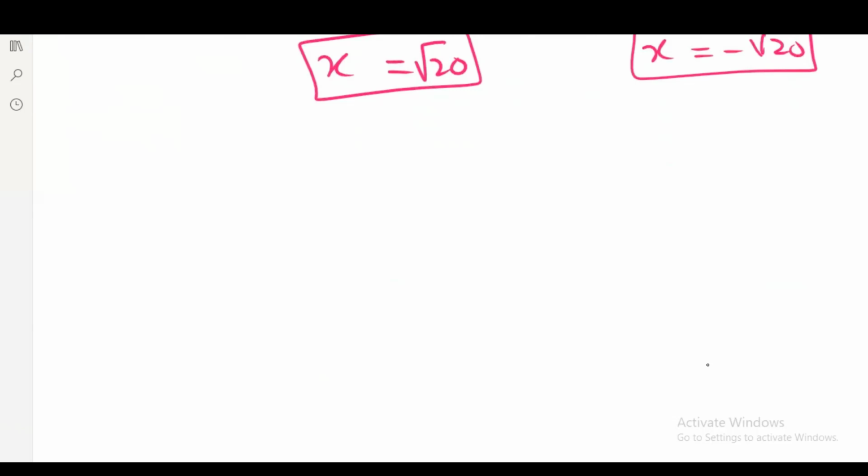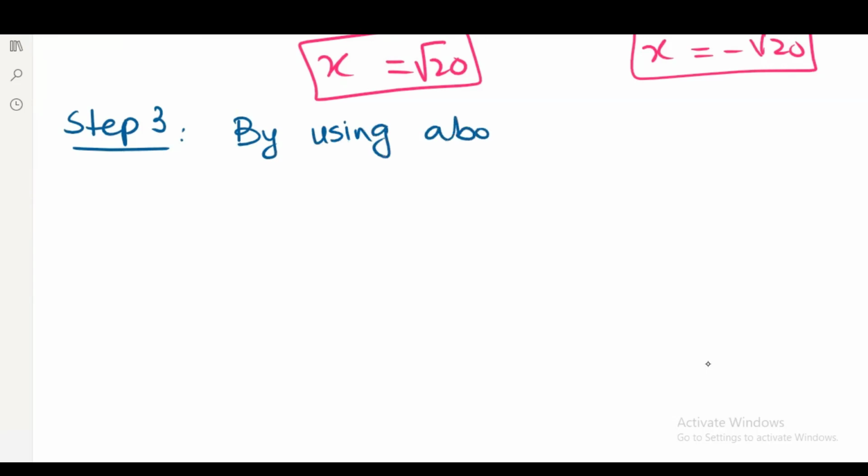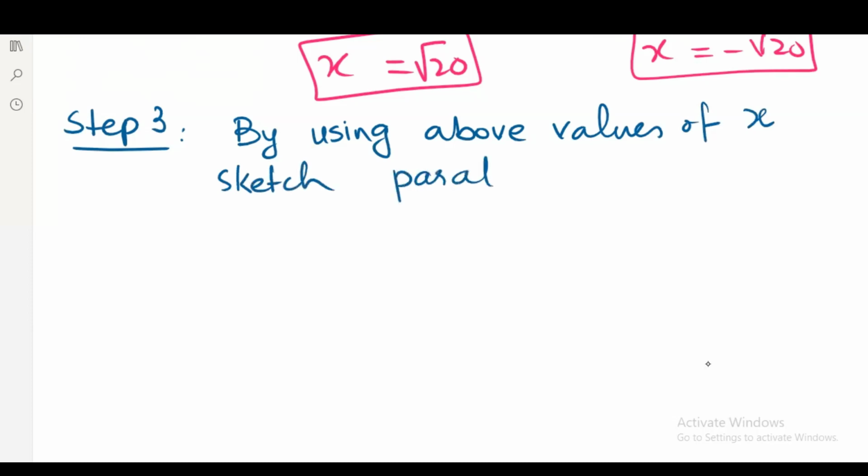Now step number 3. By using the above values of x, sketch the parabola.